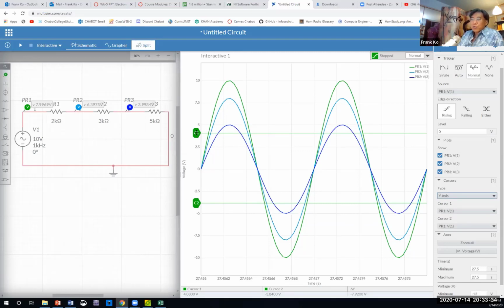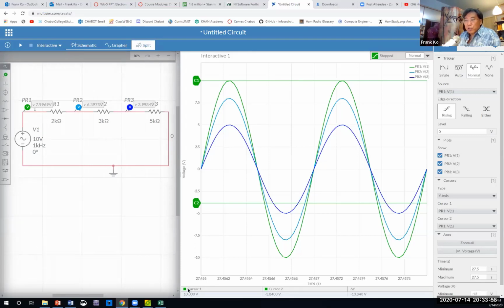If I grab cursor number 1 and pull it all the way up to the top of this, is there a voltage reading for cursor number 1 down here in the lower left-hand corner of my O-scope screen?